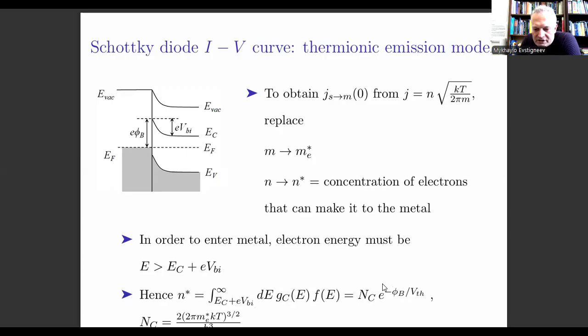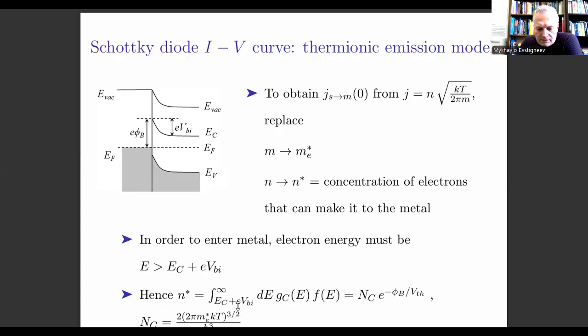We have already done this when the lower integration limit was just EC, and we can just repeat the steps in this evaluation. The result is the effective density of states, NC, times exponential to the power minus the Schottky barrier divided by the thermal voltage.